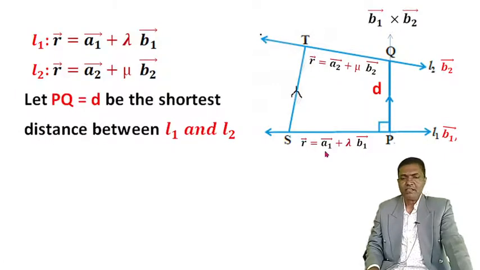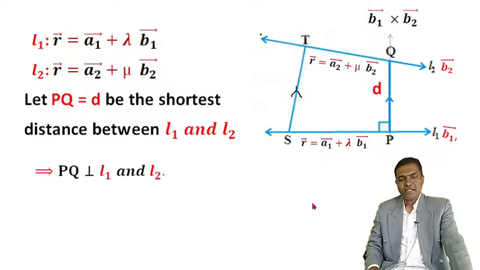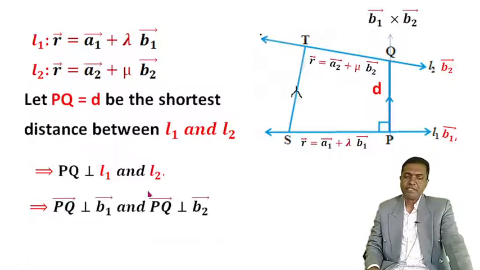So let us assume that the shortest distance PQ is equal to D. As it is the shortest distance, it must be perpendicular to both L1 and L2. So vector PQ is perpendicular to both vector b1 and vector b2, because the directions of L1 and L2 are along b1 vector and b2 vector respectively. That is the reason you have to write like this.